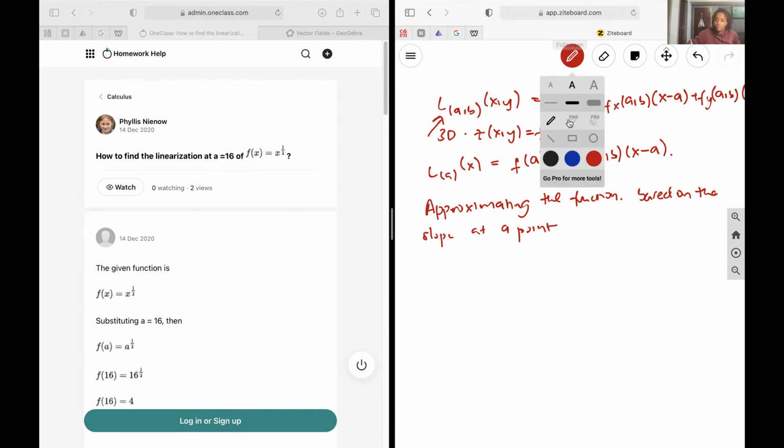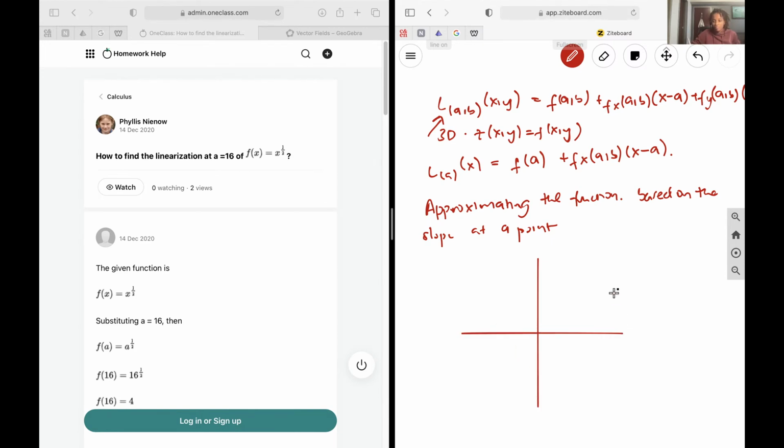So what that looks like graphically would be, let's say I have a parabolic function like this one, and let's say I want to find the value of this function at this point, which I will call a. What I will do is I will take the derivative at that point, so I find the slope, and so for anywhere within this tiny box here, if I use this equation, so if I use the slope in order to find the value, I should get a value that is close enough that I can call it an approximation.